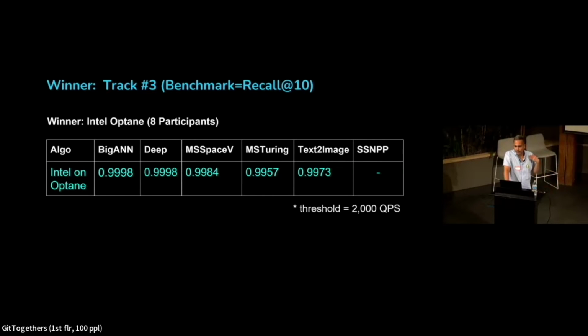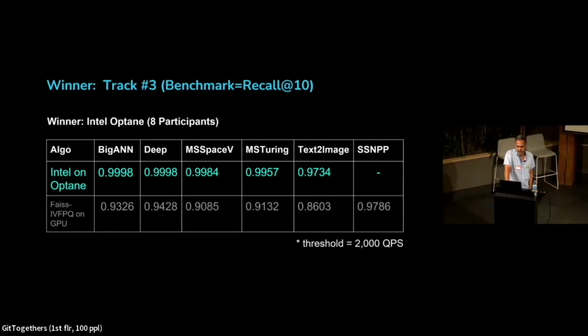And in this track, you can throw as much hardware as you want to win this benchmark. So it's pretty impressive. At the same time, we're probably not too surprised we're getting such high recall. If we look at how it did compared to the baseline, it beat the baseline handily in all the data sets.